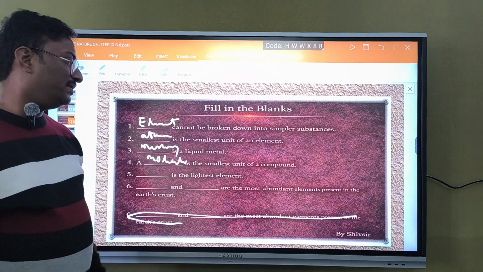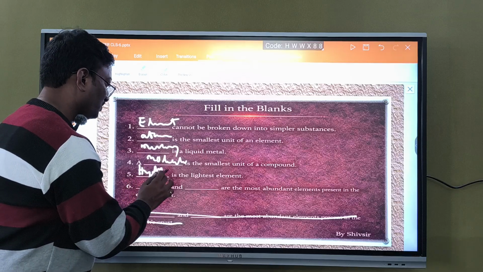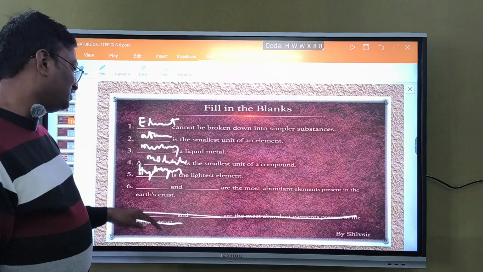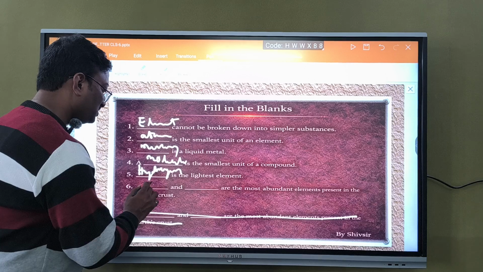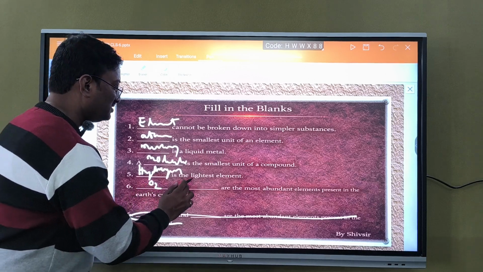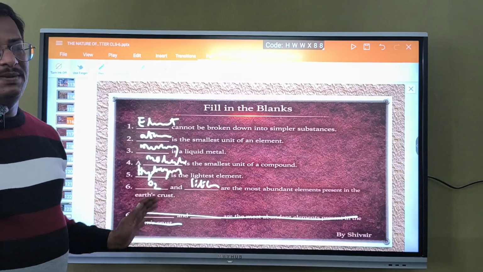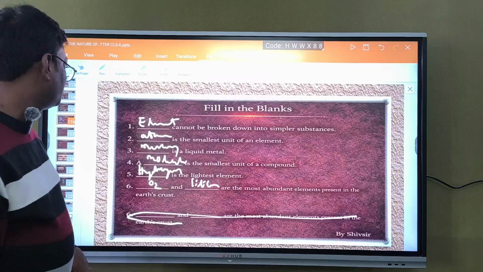The lightest element is hydrogen. The most abundant elements present in the earth's crust are oxygen and silicon. Both are abundant elements available in large amounts in the earth's crust.